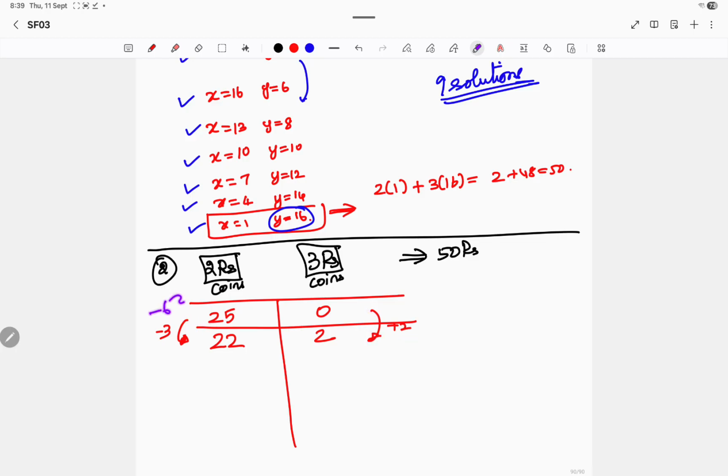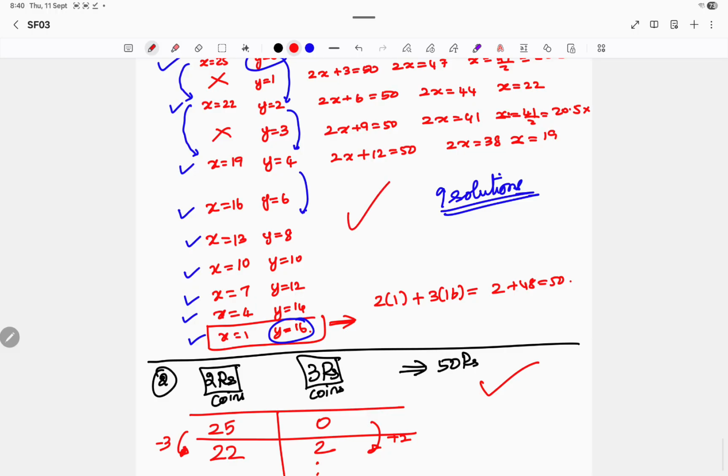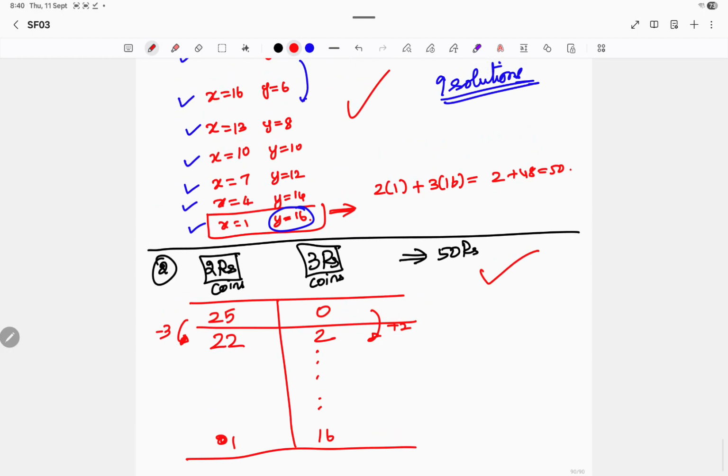So the minus 6 rupees that happens here and plus 6 rupees that happens here will nullify each other, and the sum will remain 50, and I can keep going all the way until x is equal to 1, which is 1 2 rupee coin and 16 3 rupee coins. And this problem is exactly the same as this problem. How many different ways can you form 50 rupees from 2 rupee coins and 3 rupee coins? The answer is, once again, 9 different solutions are possible.